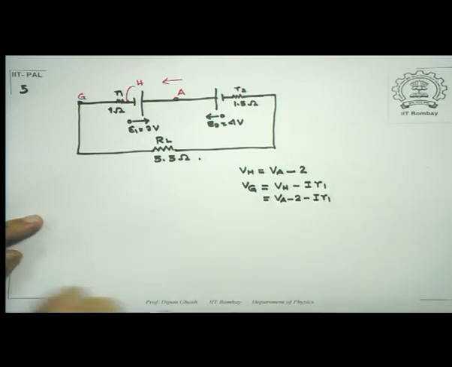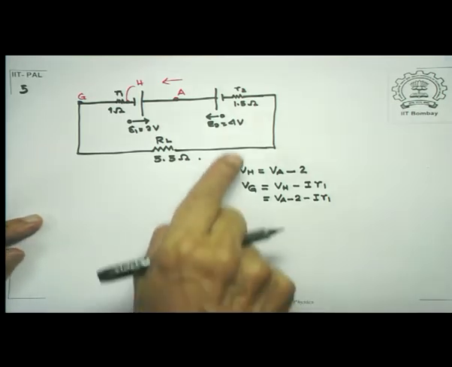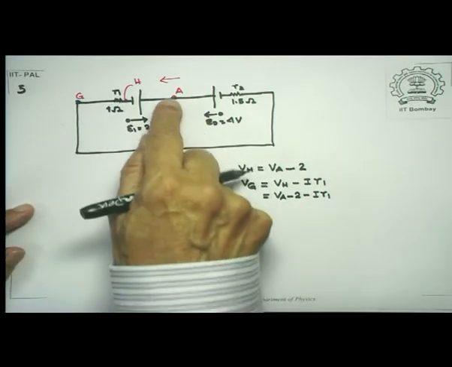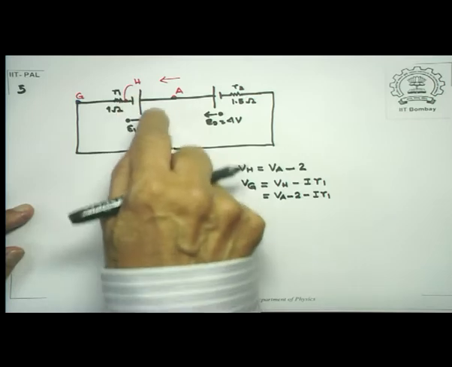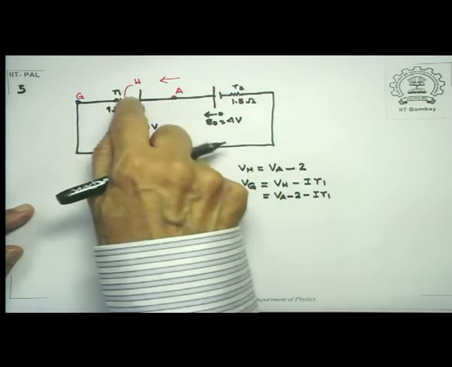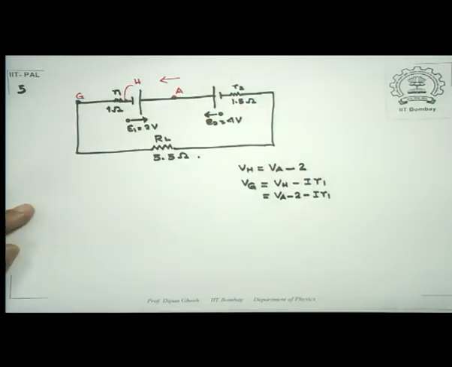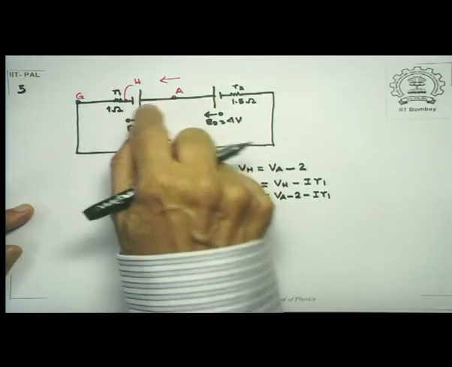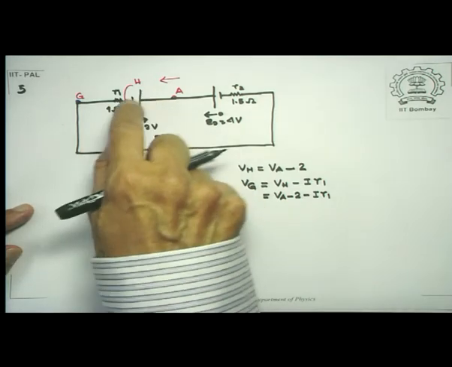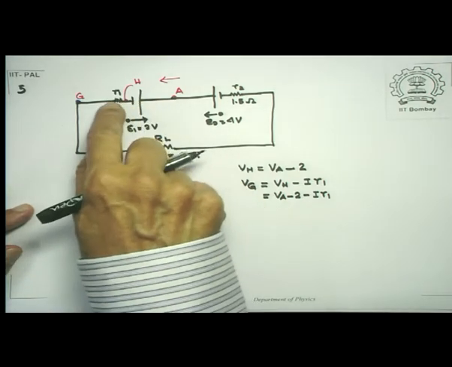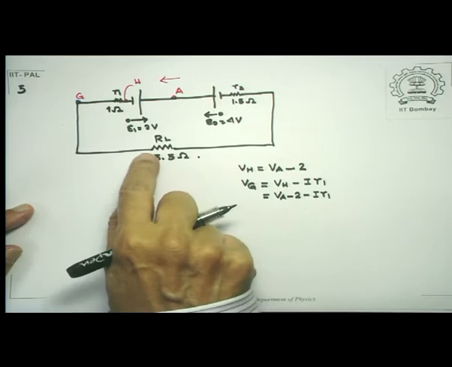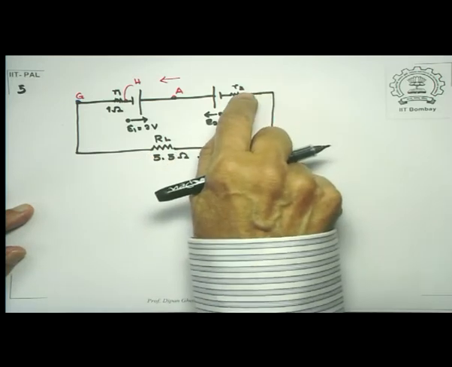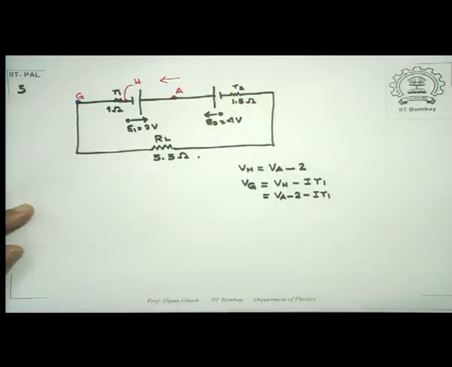Now of course, what I could do is to calculate how much the current is, exactly the same way. What I can do is go from here to there, there to there, there to there, and come back to it. If I do that, all that happens is I drop a potential 2, increase by I times R1, increase by I times 5.5, increase by I times 1.5, and then increase by 4.